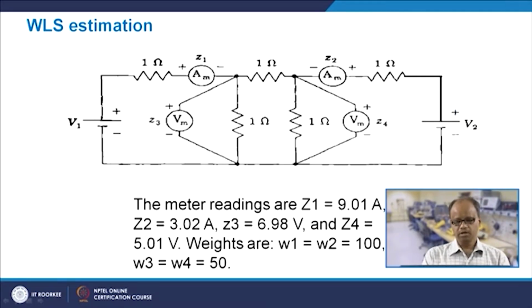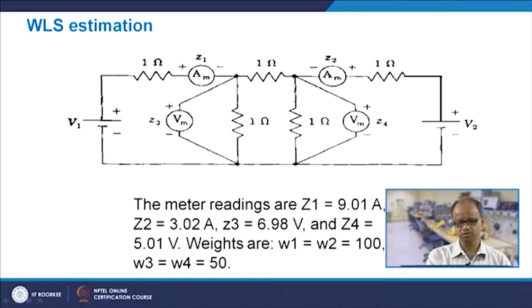Similarly, probably the true value of the voltage at this node is 7 volt, but because of the error it is read as 6.98 volt, and similarly probably the true value of the voltage at this node is 5 volt, but because of the meter error it is registered as 5.01 volt.